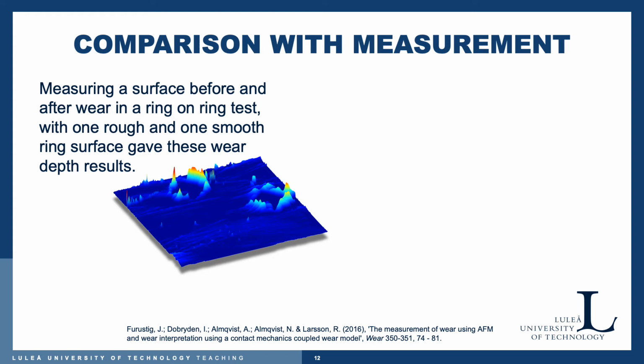And then we had these results. What you see actually is the wear depth, so it's an inverted map of the wear of the surface. It's where the surface has worn the most, where you see these peaks, these protrusions, and you can see that they are on sort of diamond-like edges, both of these protrusions or areas of protrusions.